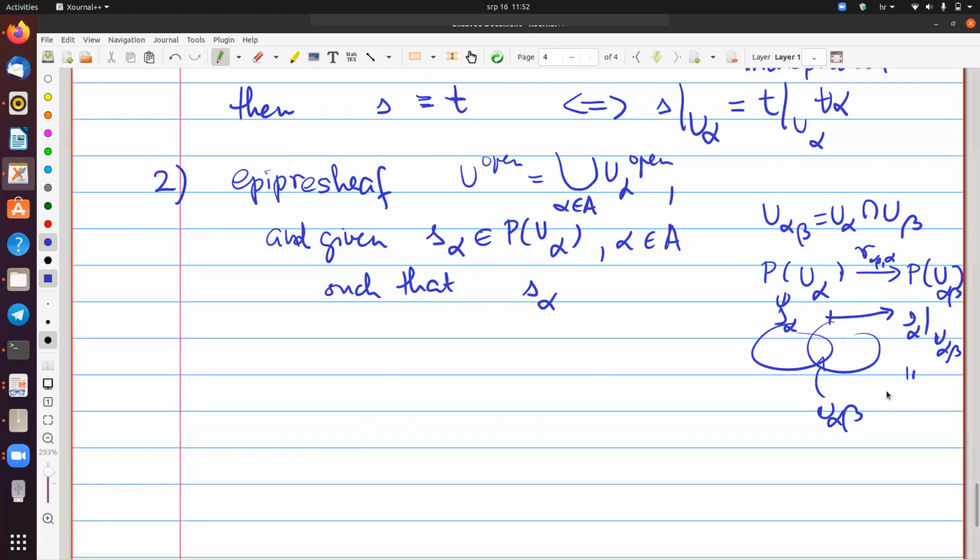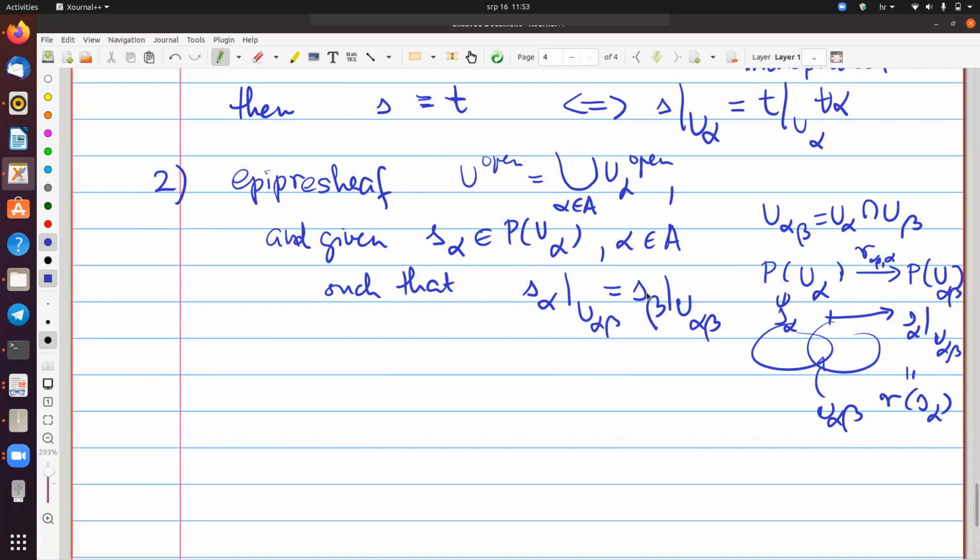This is nothing else than this R, this restriction of S alpha. So S alpha restricted on U alpha beta, this is simpler to write, but in terms of this function, or you can say P of I or whatever, we have another notation, is S beta on U alpha beta. Okay?